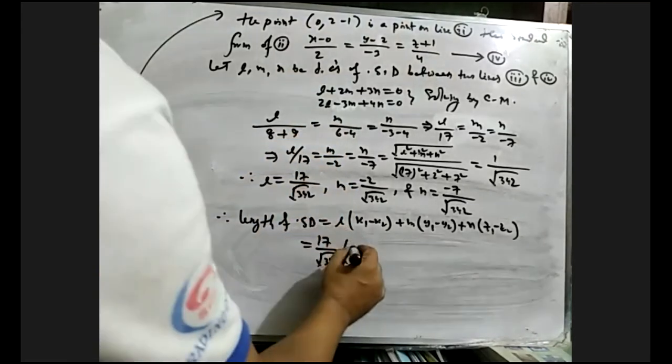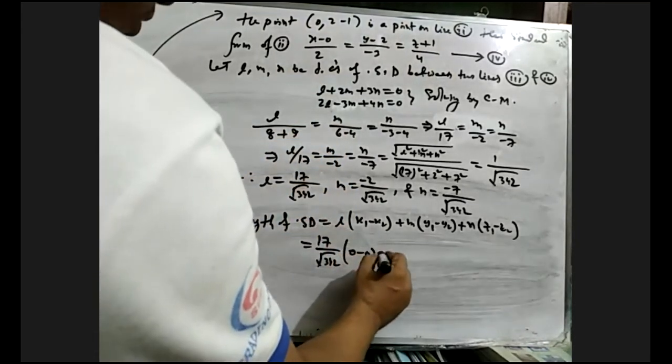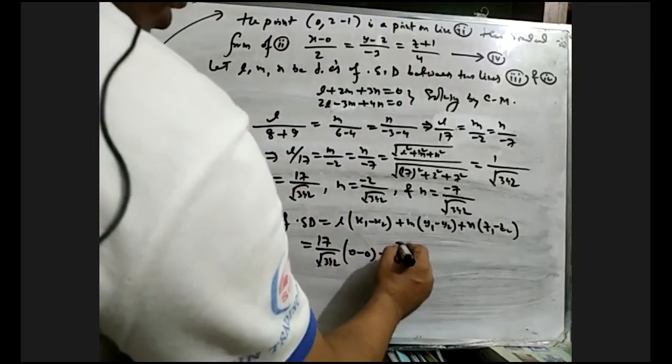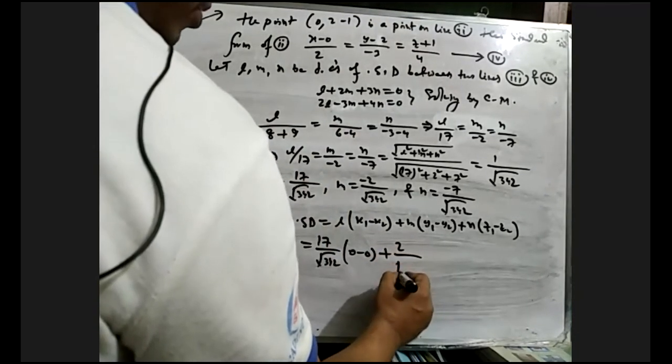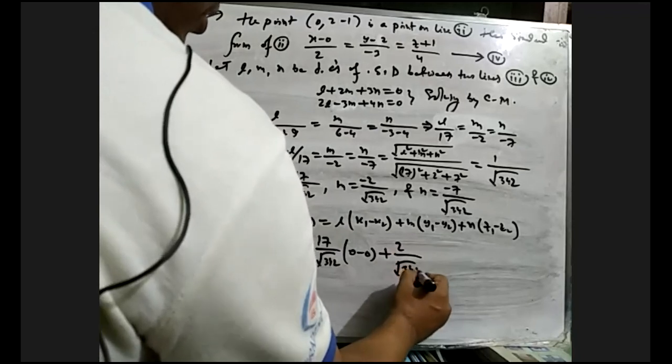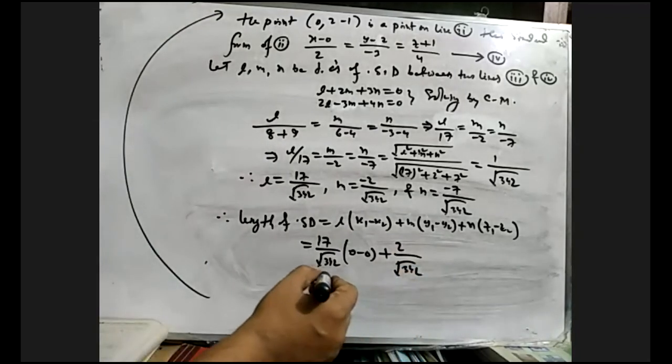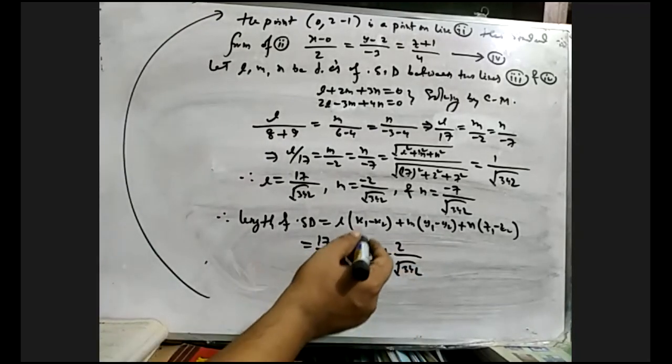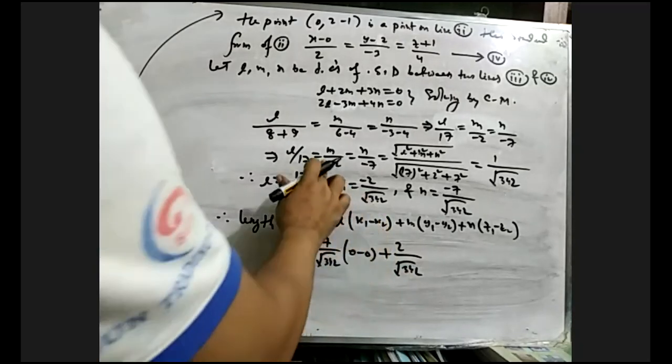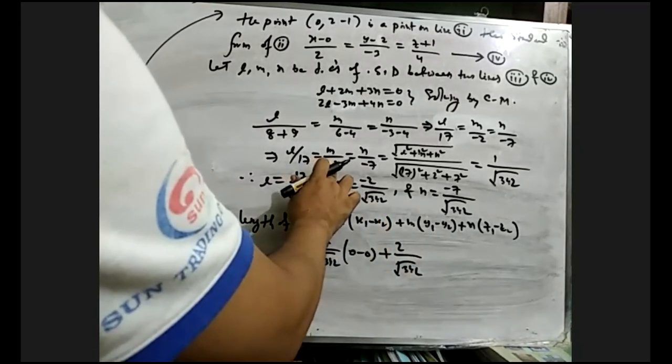The difference is 0. So 0 minus 0 plus 2 divided by 342. This will be 2. Remember it.